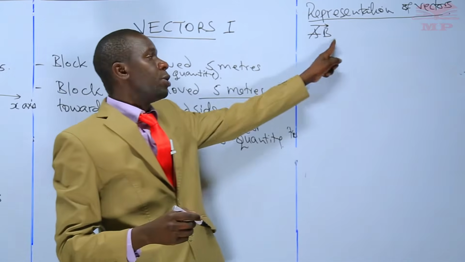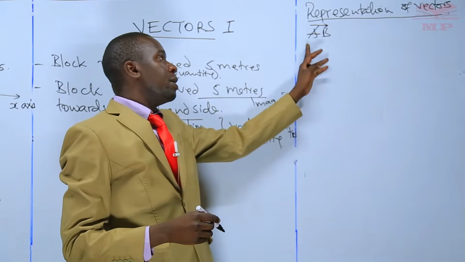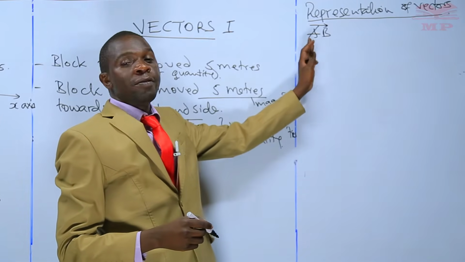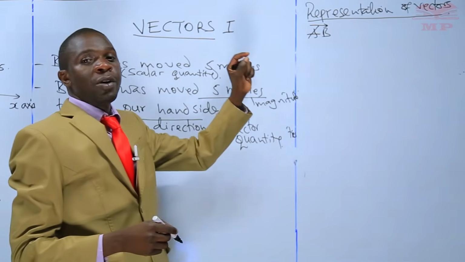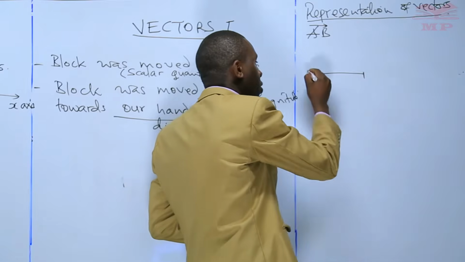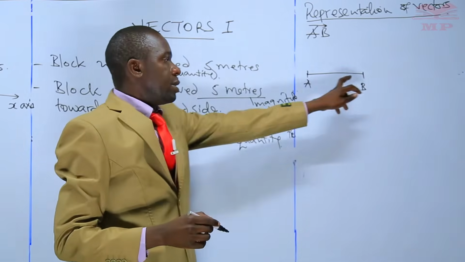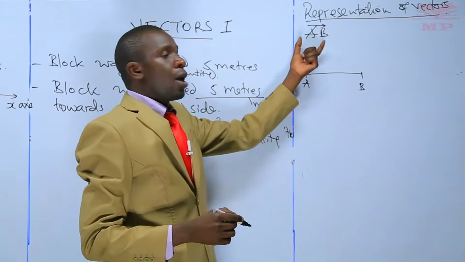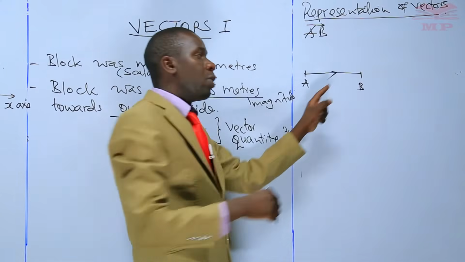So you've used 2 capital letters to denote the vector. In this case, you are telling us that the length of this vector is between point A and point B, and the direction is from A towards B. For instance, you can draw that and say this is A, this is B. This is the length we are talking about, and the direction is this way, so we show it with that arrow.